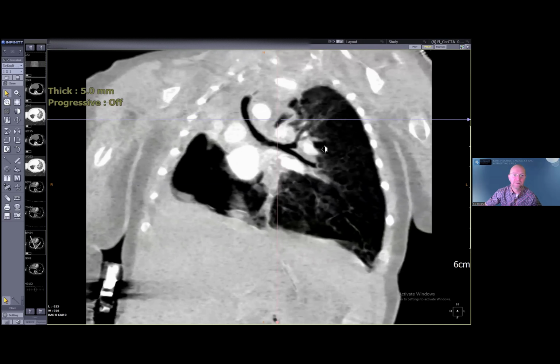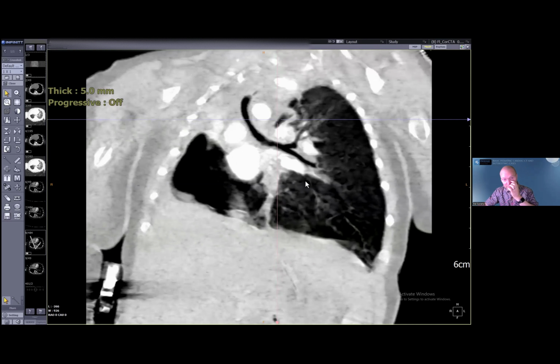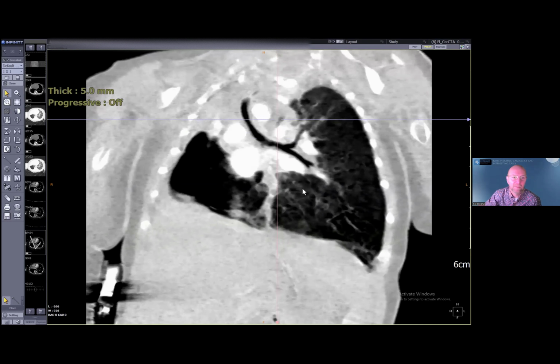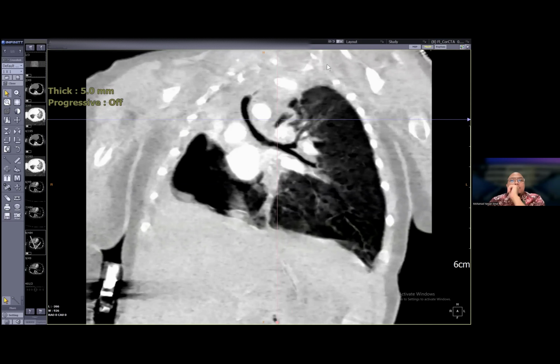Though the question almost becomes, is that part of the left lung maybe and just moved over? Is there complete aplasia of the right lung versus hypoplasia?